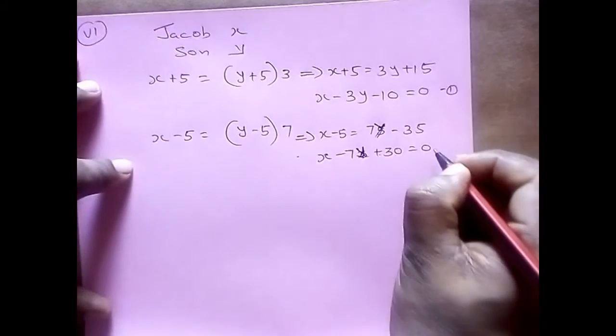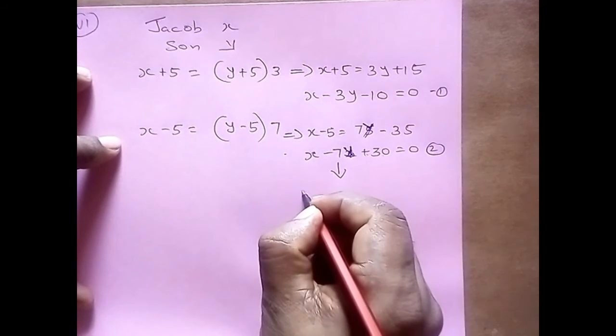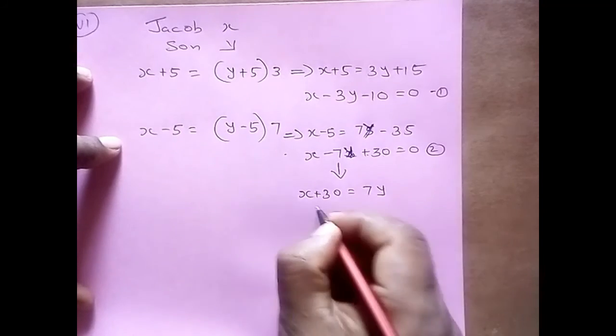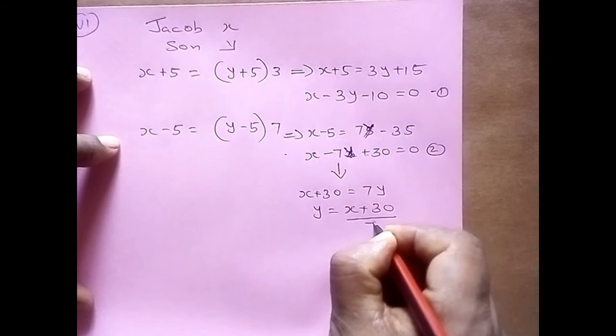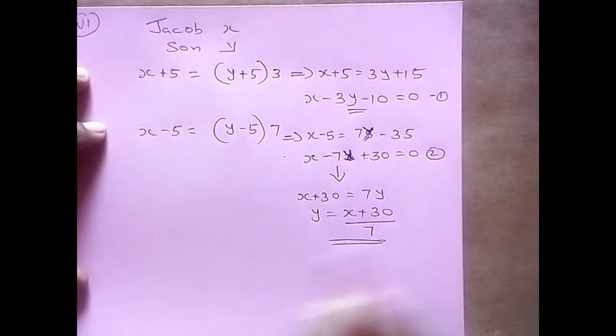So we have two equations here. From the second equation, what will we get? x plus 30 is equal to 7y, or y equals (x plus 30) upon 7. So this value we will substitute in the first equation.